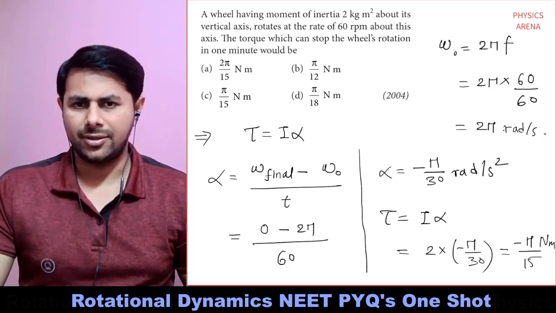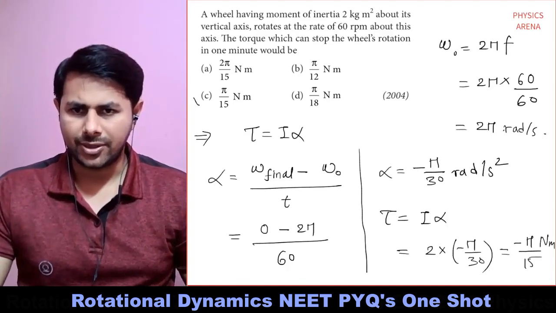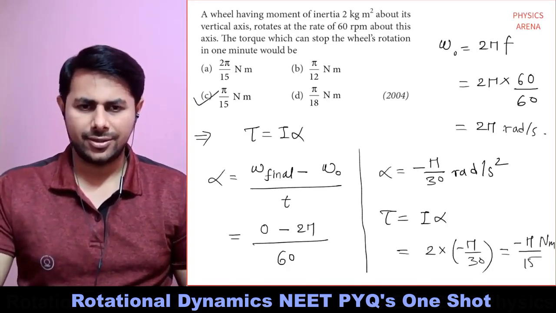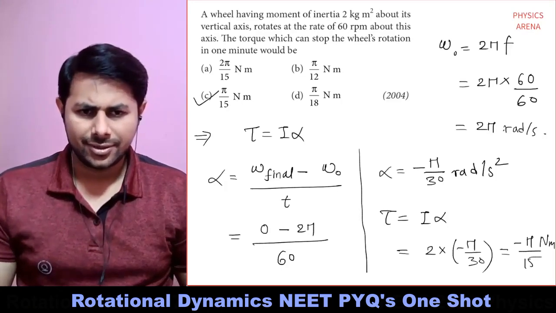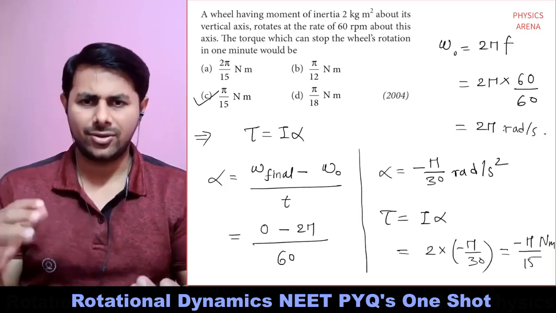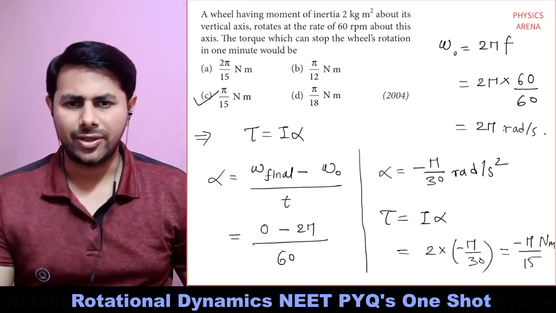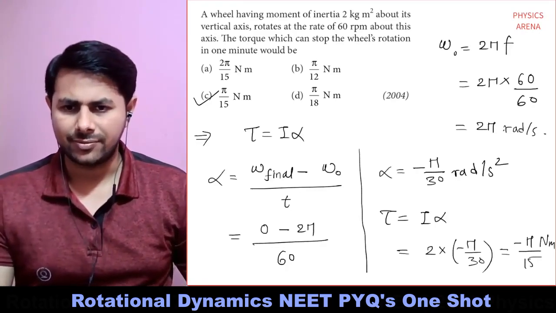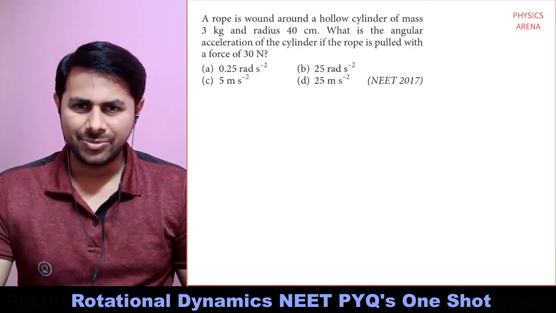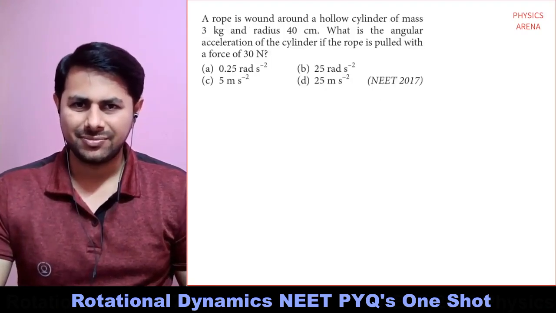This would be the answer. So option C is the answer. The negative sign is because torque is acting so as to stop the wheel. That's why we have the negative sign. Let's move on to the next question.